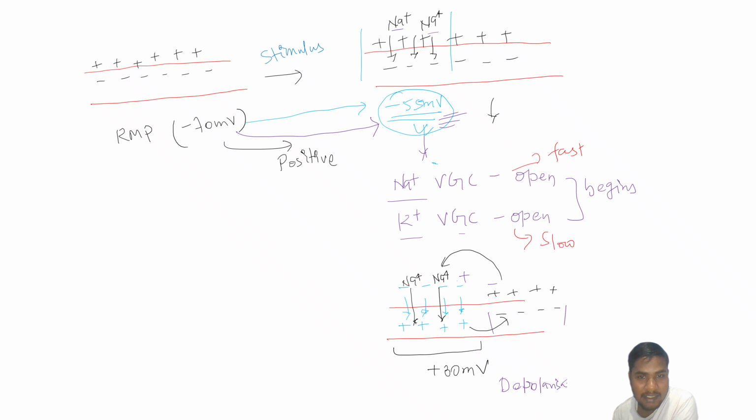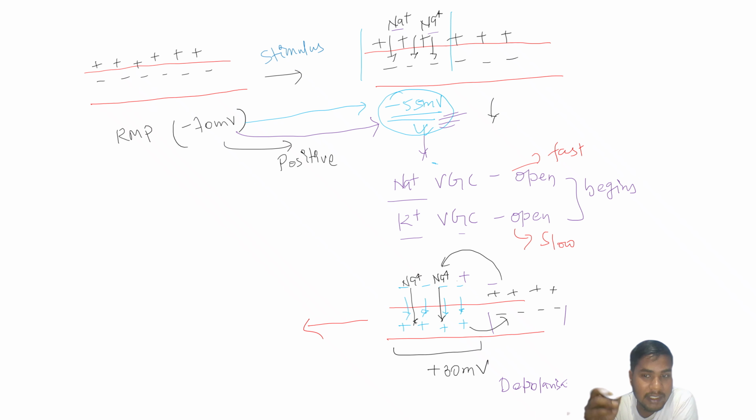Now, after conduction of this nerve impulse from site A to B, B to C, C to D, the membrane cannot always be in a depolarized state, because once the neuron is depolarized, it cannot generate another nerve impulse.